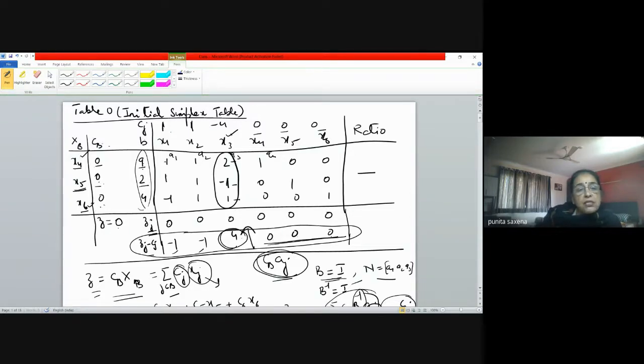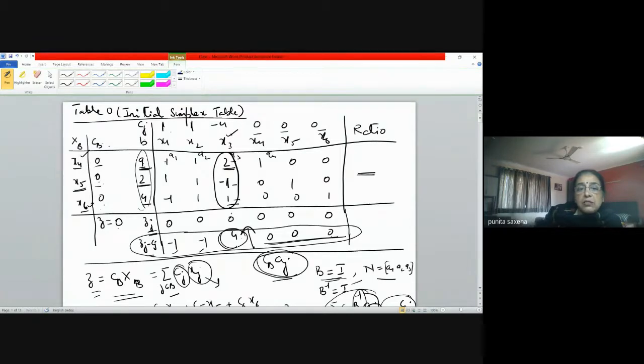Whichever ratio turns out to be the minimum, that variable will leave the basis. And what minimum do we take? Bi upon Yij. Now this is your first row, so it's B1 upon Y13, B2 upon, this will not be considered, right? The rest will be B3 upon Y33.